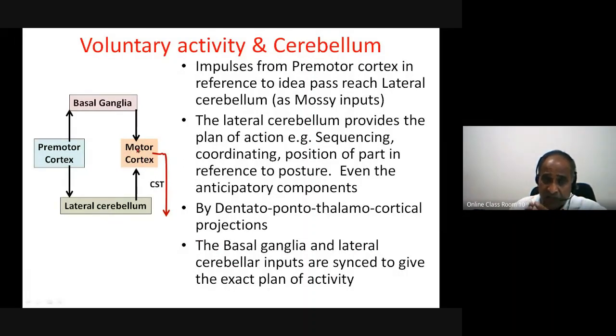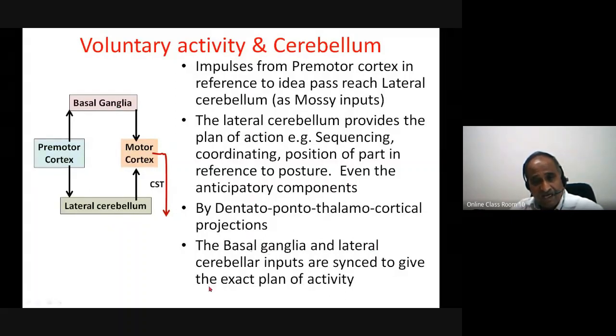The basal ganglia tells something very interesting, and the lateral cerebellum tells something very interesting, and the cortex will sense and take the gist of the output given by the basal ganglia and lateral cerebellum, and whichever is useful or essential for our particular activity is taken care of.